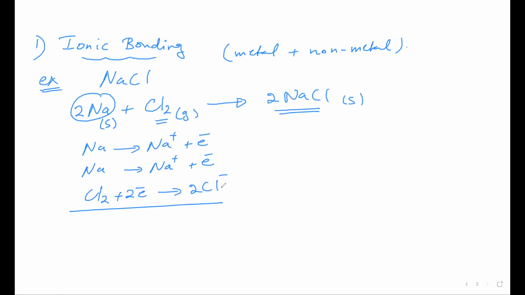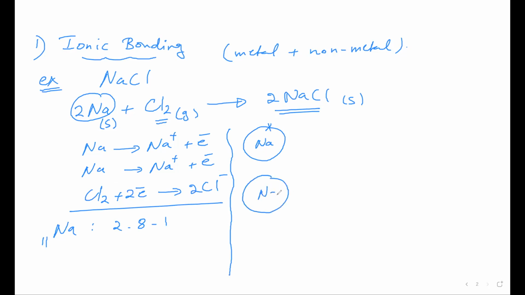Now, how does this bond form? As we just said, if we look at sodium, the outermost shell of sodium contains only one electron, as we know that sodium has the electronic configuration 2,8,1 in its simplest form. It has only one electron, and the other sodium also has only one electron.